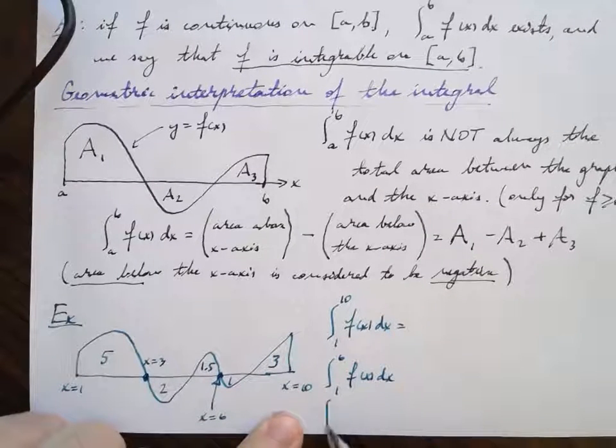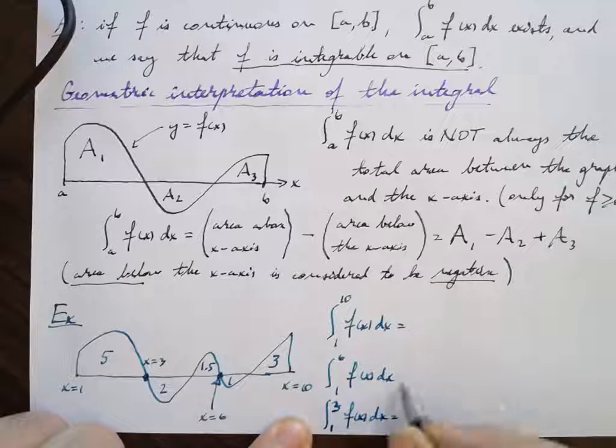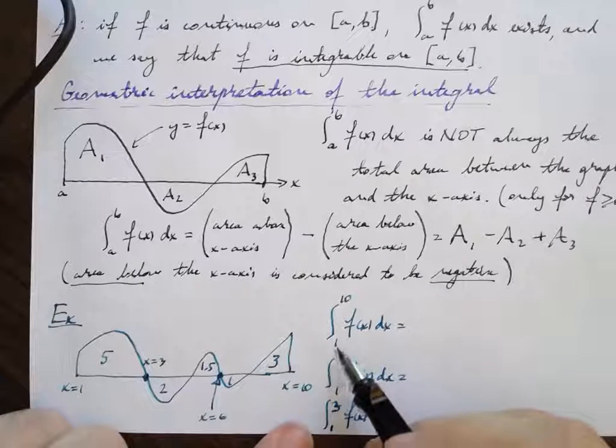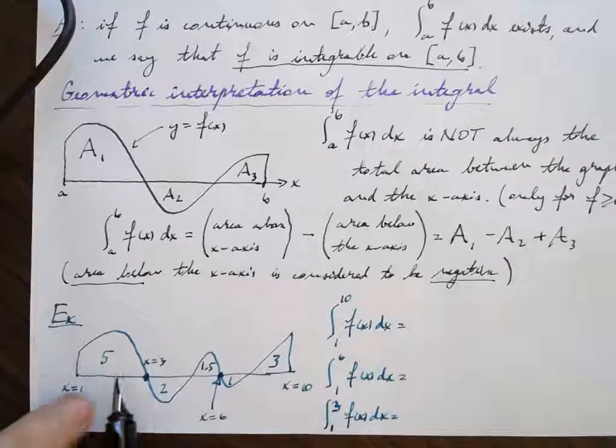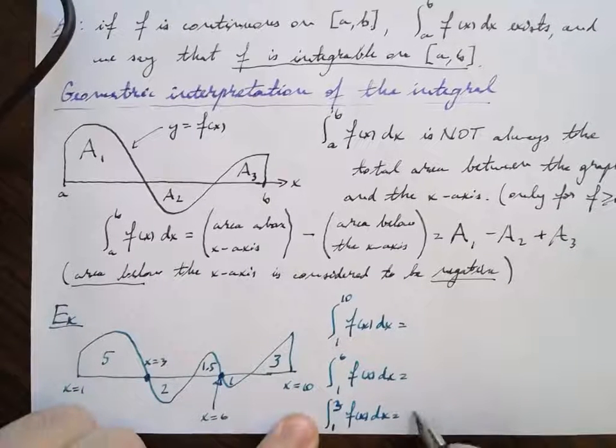And then let's do one more. Integral between maybe 1 and 2. I'm sorry, 1 and 3, not 2. Is going to be something else, right? I'll do this lower example first. Then it's going to be the net area. So it's going to be just 5.